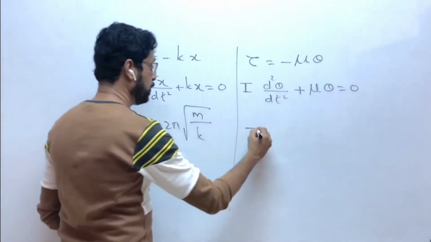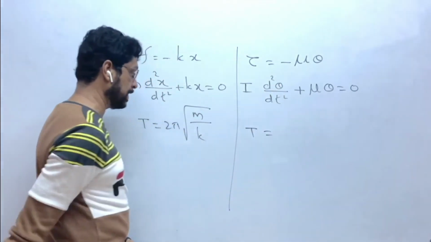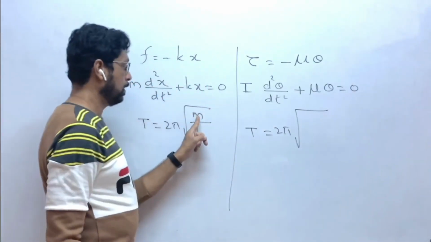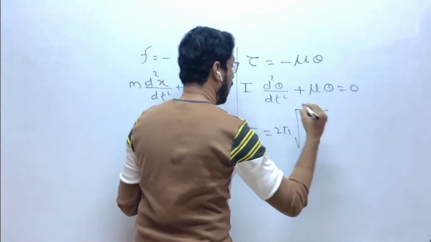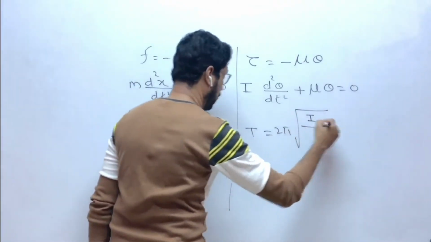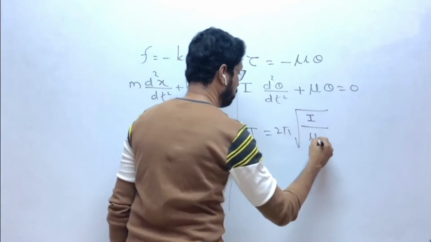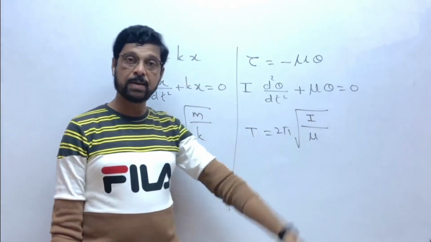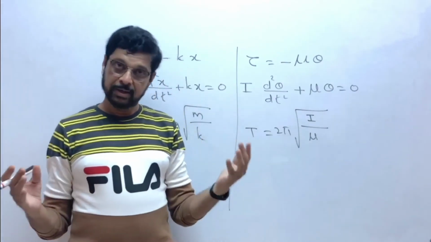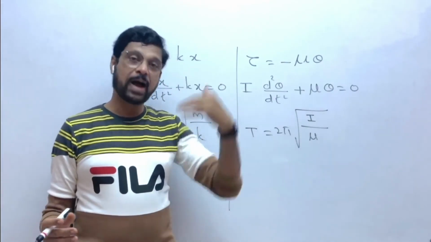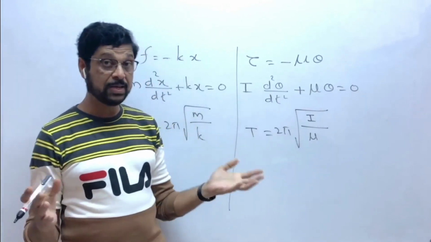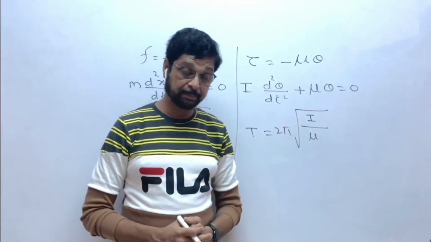So the periodic time for angular SHM will be 2 pi under root I, moment of inertia, upon mu in place of k. This is the periodic time of angular SHM. We will solve some numericals of angular SHM ahead. Okay. So this was about linear SHM and angular SHM.